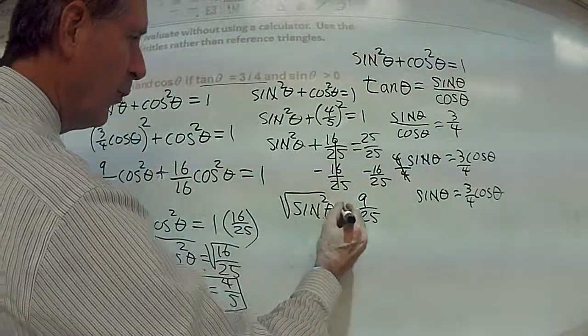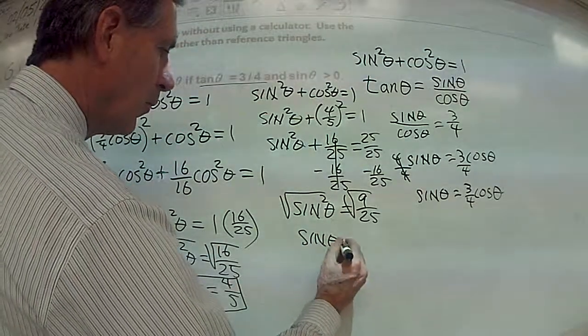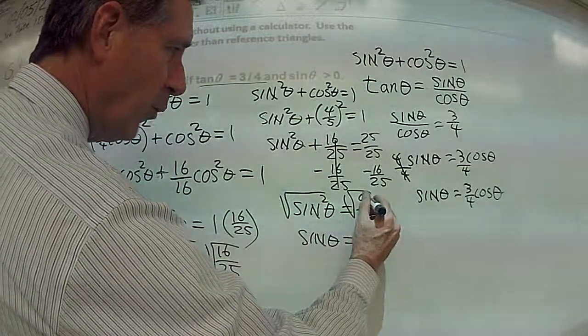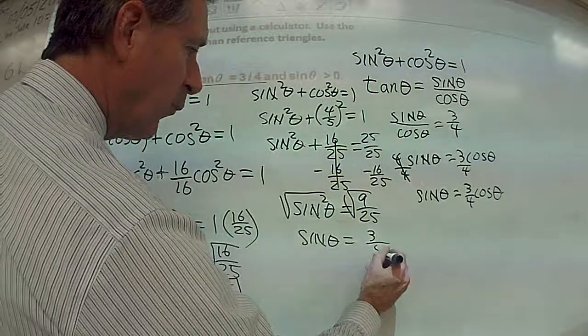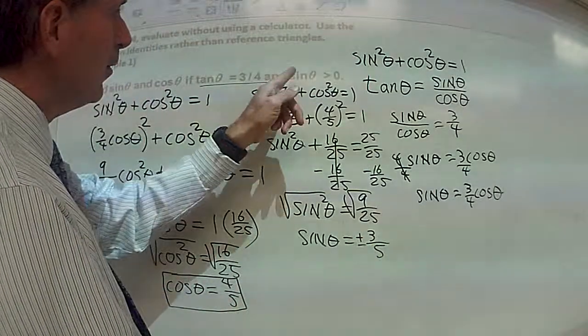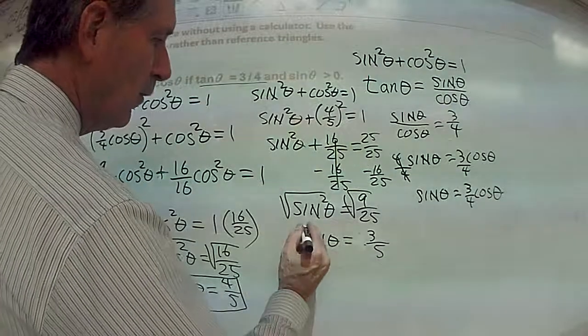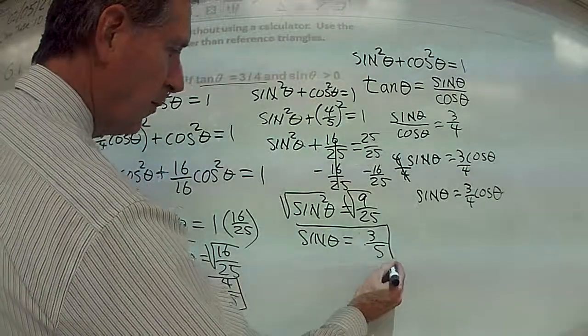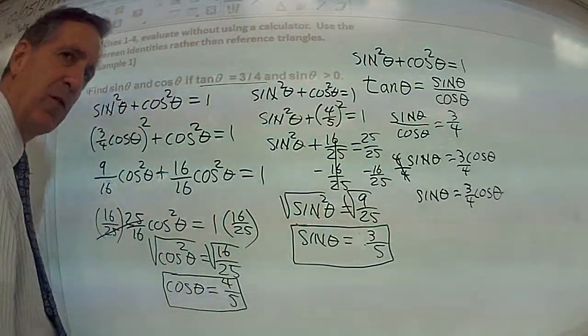And now taking the square root of both sides of the equation, we have sine theta is equal to the square root of 9, which is 3, over the square root of 25, which is 5, again plus or minus. But because we know that sine theta is greater than 0, sine theta has to be positive 3/5.